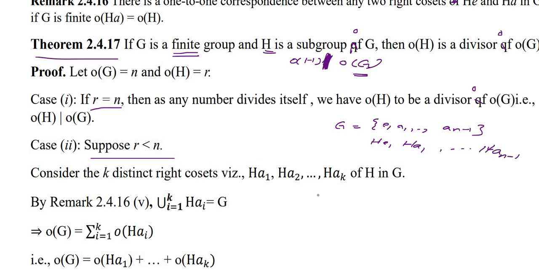You may or need not. So suppose I have k distinct ones. If for each A1 these are distinct right cosets, then of course I will have n distinct right cosets.